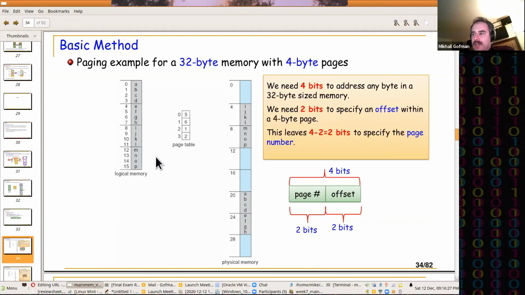So this means that every process in the system can access any virtual address from 0 to 15. There is also a physical memory, a physical RAM, whose size looks like 32 bytes. So let's say we decide to use 4-byte pages.